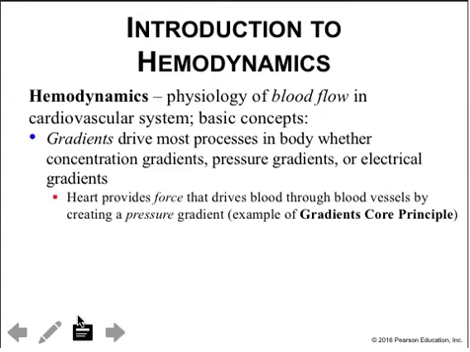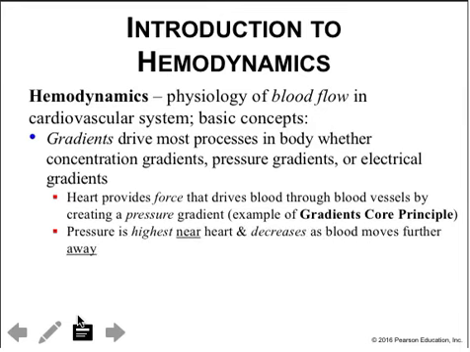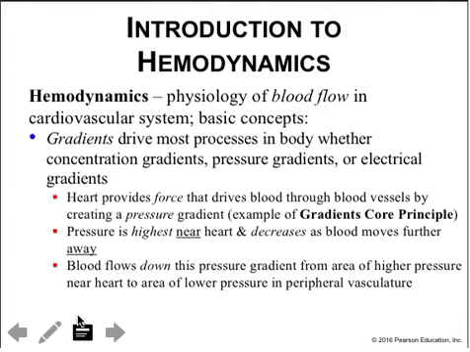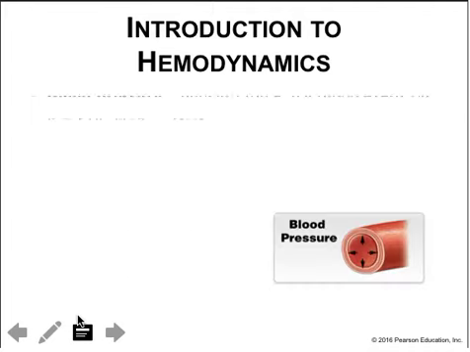The heart provides the force that drives the blood through the blood vessels by creating a pressure gradient, which is an example of the gradient core principle. Pressure is highest near the heart and decreases as blood moves further away. Blood flows down its pressure gradient from high to low pressure in the peripheral vasculature.